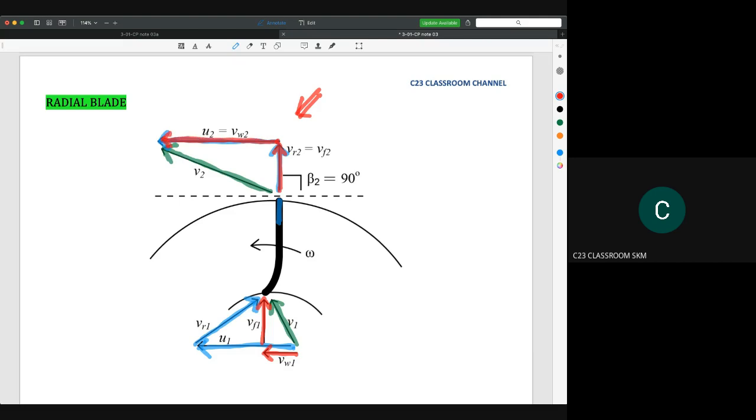This means that for the radial blade, the value of VR2 is equal to VF2, and the value of U2 is equal to V2. This is another characteristic of the radial blade. And if you talk about the blade angle, you could write that for the radial blade, at the outlet, the blade angle is 90 degrees. So this is the characteristic of the radial blade.